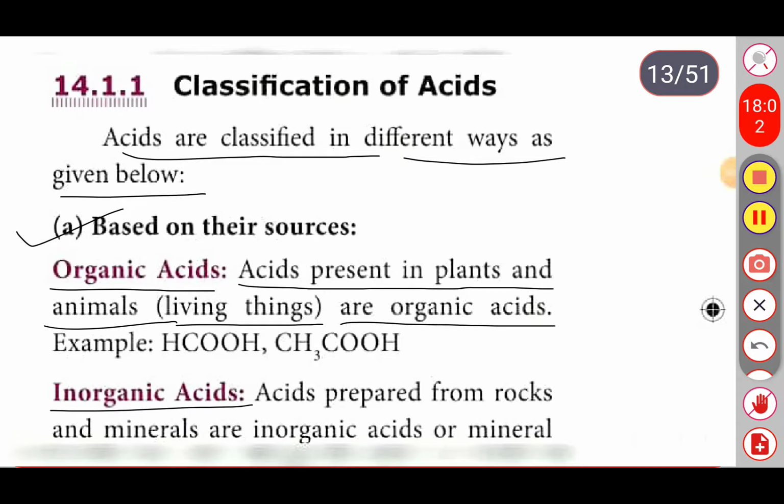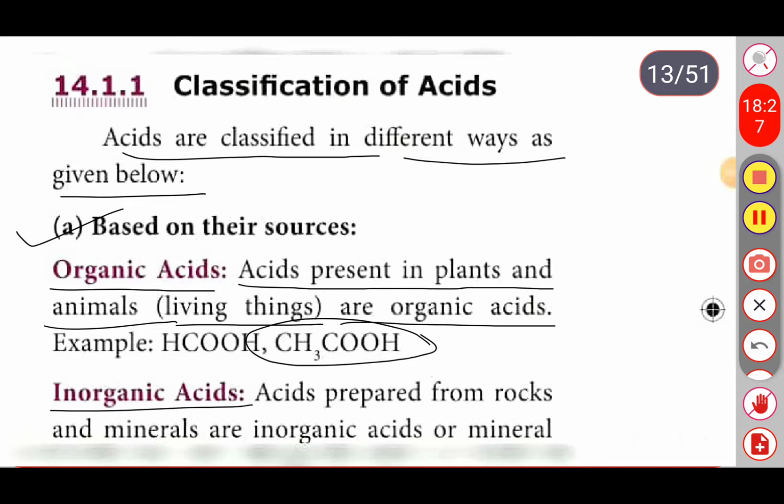For example, acetic acid is one type of organic acid. Organic acids means the acid obtained from living organisms like plants, birds and animals. The acidic substances we get from living organisms are considered organic acids.